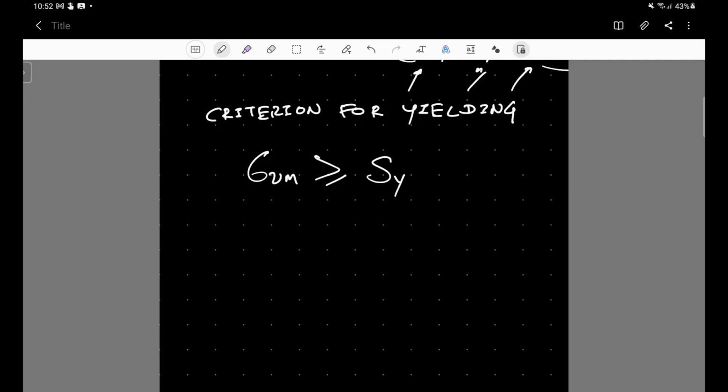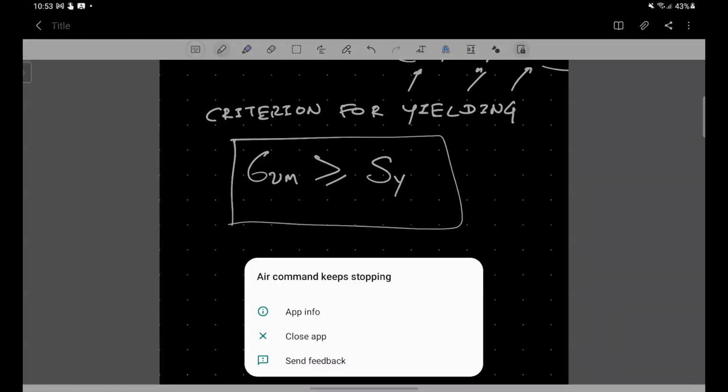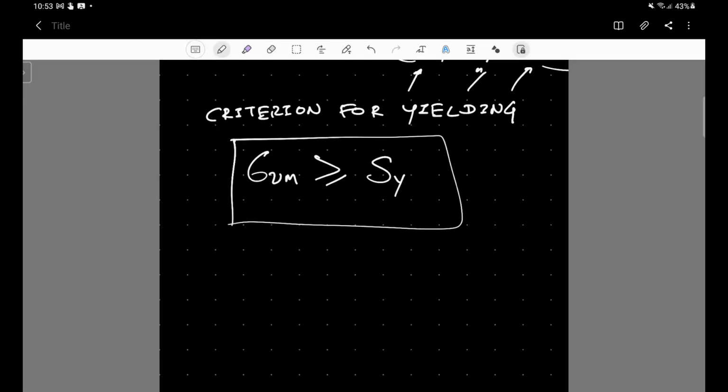So a point you need to remember is the equivalent von Mises stress should be lower than the yield strength of the material. Otherwise, it will fail. Of course, this cannot be directly used for any type of material; it can be only used for ductile material.